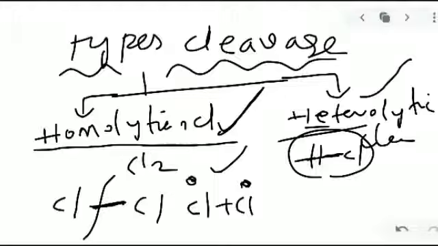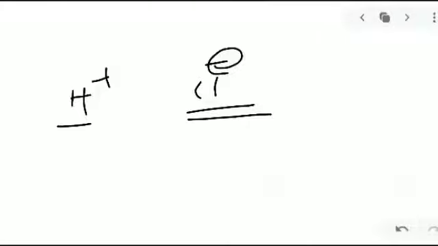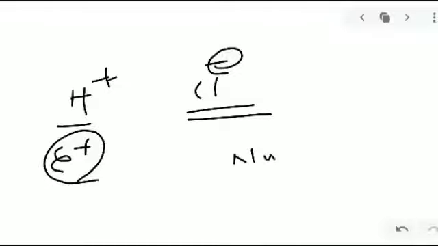Next one is heterolytic cleavage, where chlorine is the more electronegative element. So here one electron, it attracts the electrons toward itself and generates positive H plus and chlorine minus. So here the proton acts as an electrophile and chlorine acts as a nucleophile.